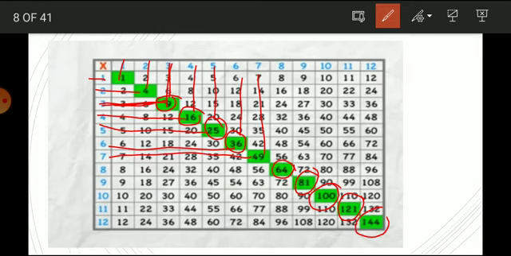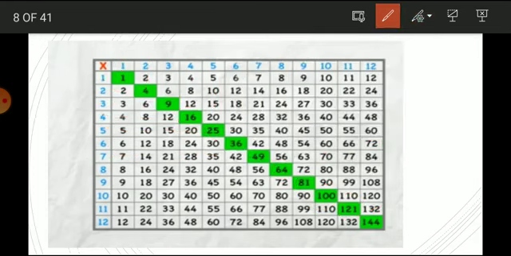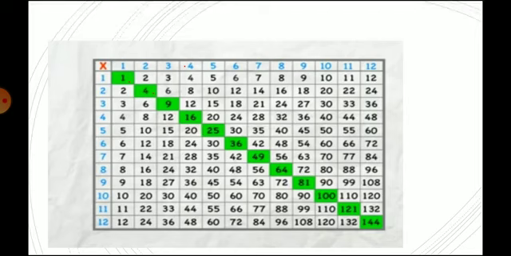These numbers are called square numbers. Can you guess which are the square numbers? 1, 4, 9, 16, 25, 36, 49, 64, 81, 100, 121, and 144.